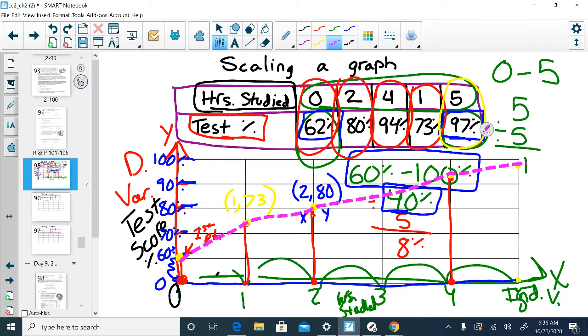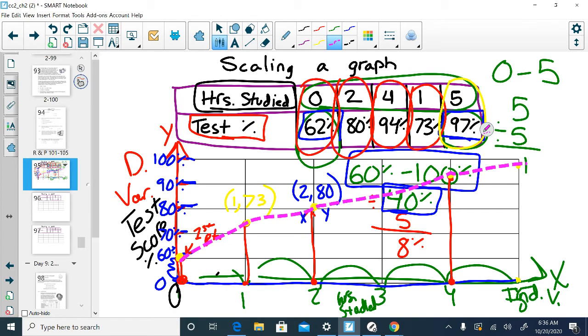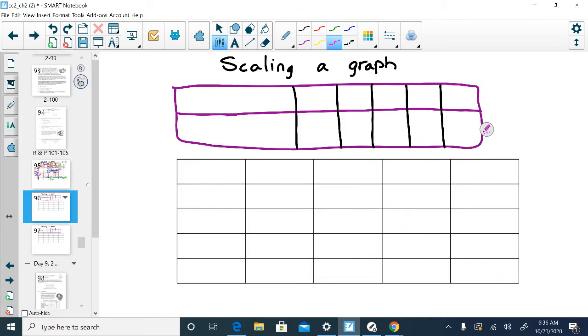All right, so now we're going to take a look at something a little bit more challenging. Here it was really easy to scale our x. We just went up by 1 hour each time. But this time we're going to do something with hours worked and money made.